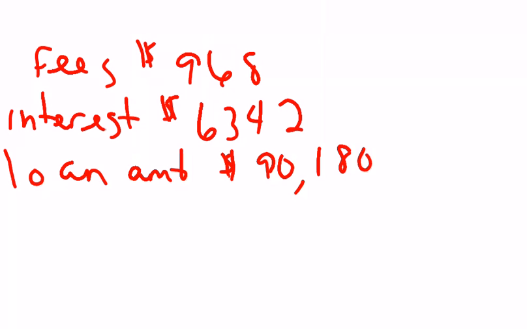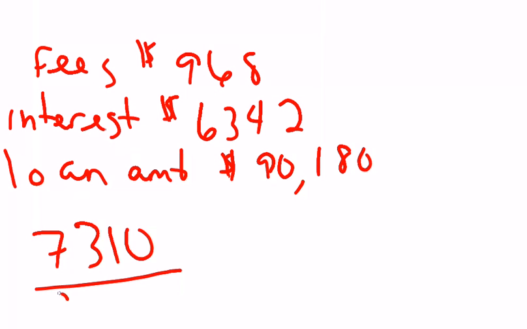So the APR says any fees plus the interest. So fees plus interest, so we need to take 968 and add that to our 6,342. So that's $7,310, and we need to divide that by the loan amount. So divided by 90,180.